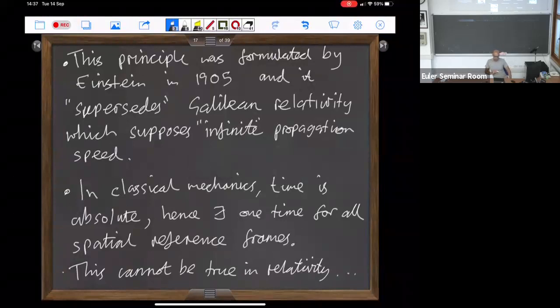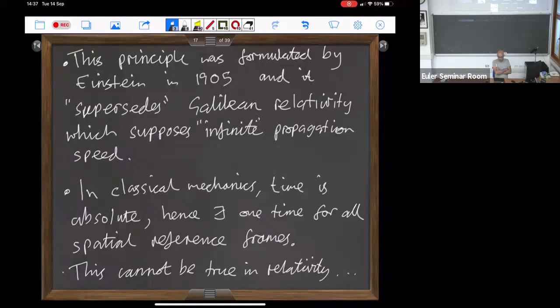This principle was formulated by Einstein at the beginning of the 20th century, and supersedes what's known as Galilean relativity, which is based essentially on this infinite propagation speed.